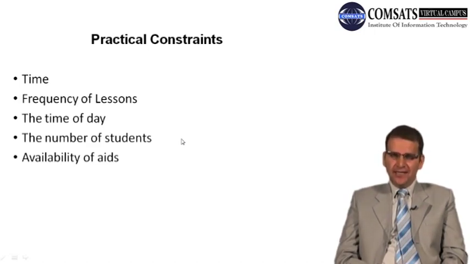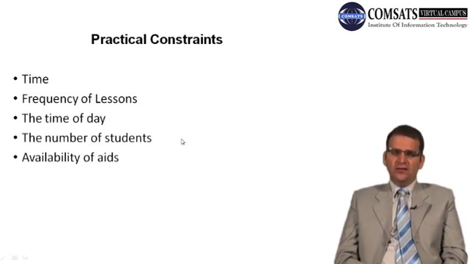Which are concerned, my dear students, time is an important factor. The time of the class, and how long the class is. So again, time plays an important role. And then weekly, what is the frequency of a lesson? Do you have classes once a week, twice a week, thrice a week, or 5 times a week?